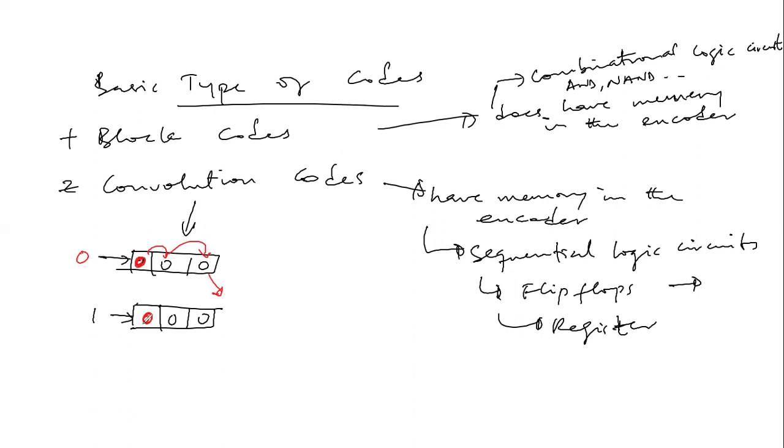So this is going to be knocked off, and then we now have 1 at this point. Then the original 0 that was here moves to the next shift register, and this 0 moves to this, and the 0 that was here originally is dropped.